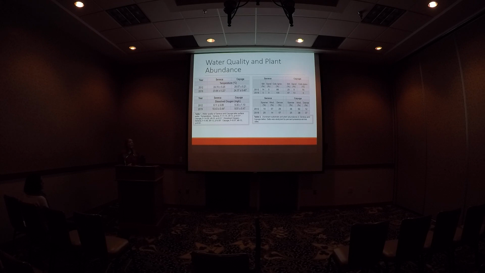We also found that in Cayuga Lake, there's been a shift towards more silt substrate, which again can be due to environmental factors, and the round goby is still very successful in this ecosystem. We also looked at plant abundance, and that varied throughout 2019 and 2012.